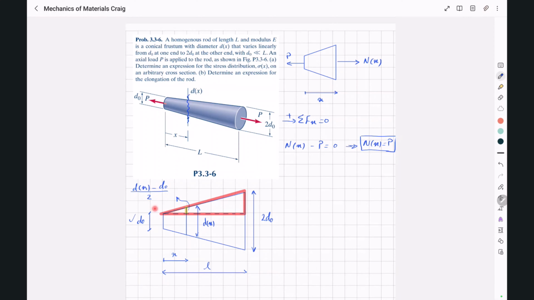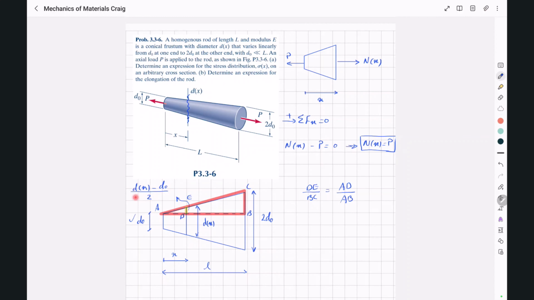Now if we call this triangle ABC, and this is D, this is E, using the geometry relations, we can say DE divided by BC is equal to AD divided by this total length, which is AB.